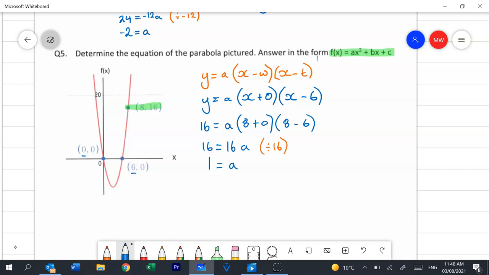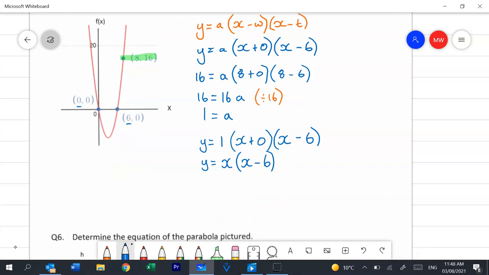Now what we'll do is write out our equation as best we can. So we go y equals 1 outside of (x plus 0)(x minus 6). Now this line isn't really necessary. We could better write it as y equals just x outside of (x minus 6).